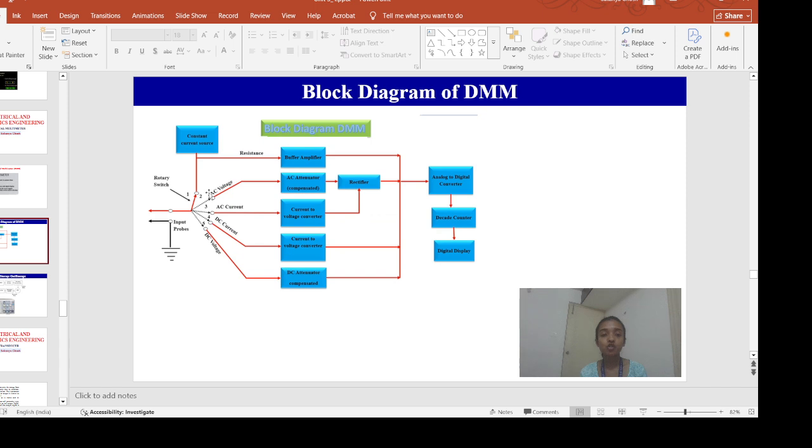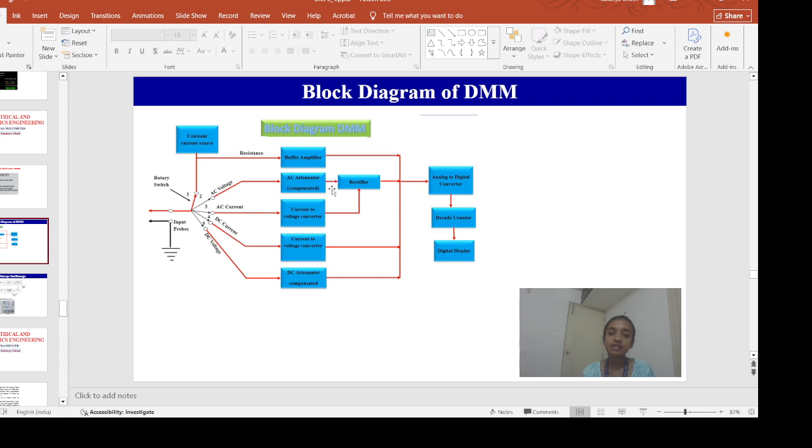Next, if I want to measure the AC voltage, I need to set this knob, which is nothing but the rotary switch, at position number 2. If the magnitude of the AC voltage is high, it will be reduced by the AC attenuator. An attenuator is there to reduce the strength of a signal.